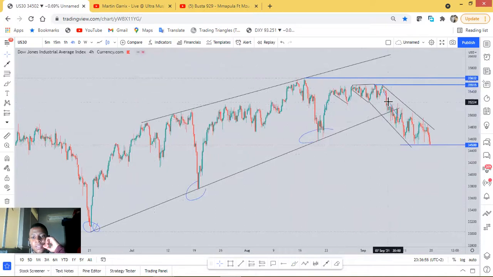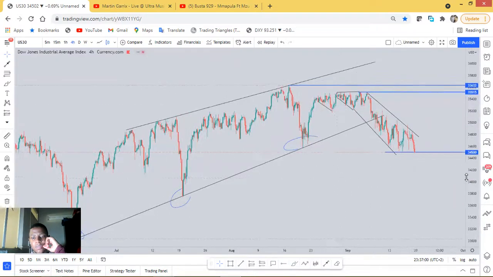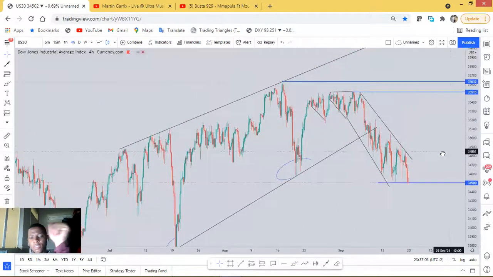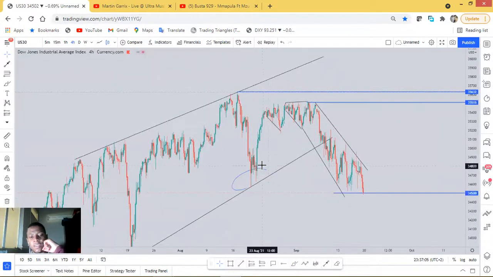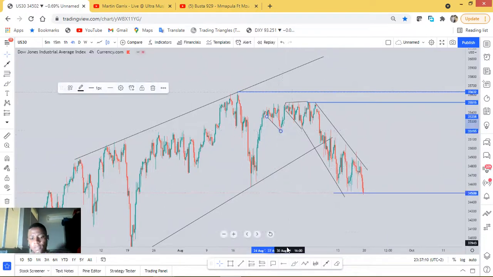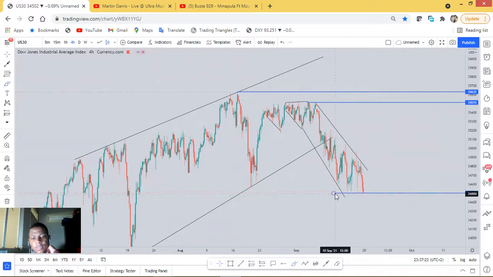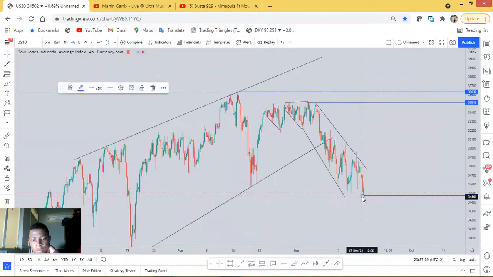So I have no idea why it is moving like so. Okay, but never mind that. As you know, we are market followers and not necessarily market leaders. So we may be anticipating price, but definitely shouldn't be telling the market where to go. So I'll just mark the lowest low here.